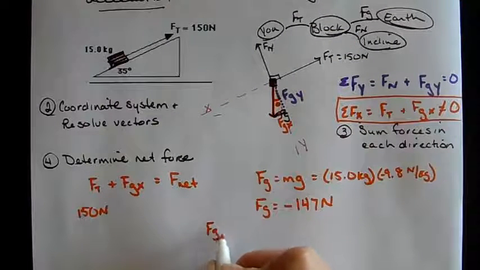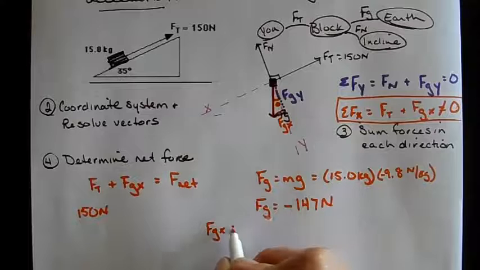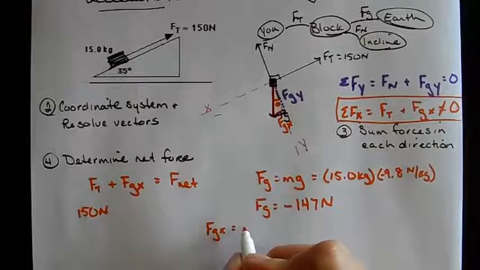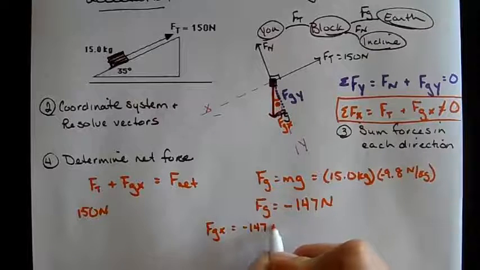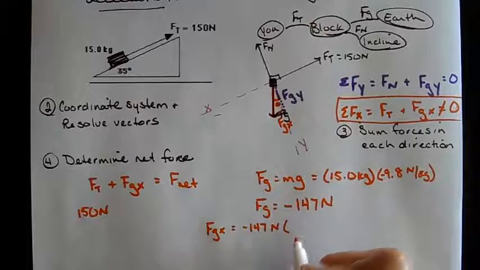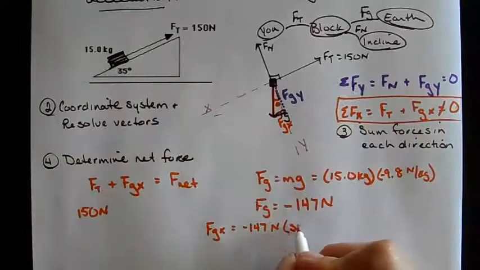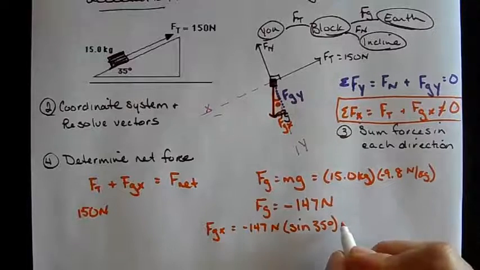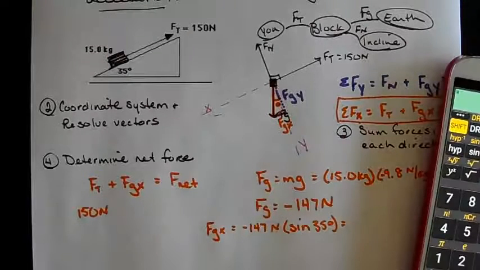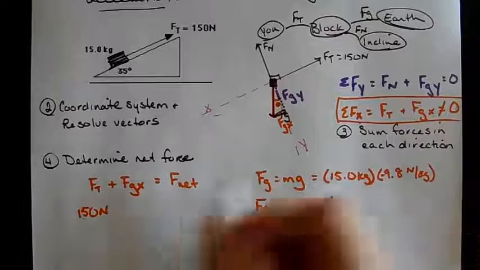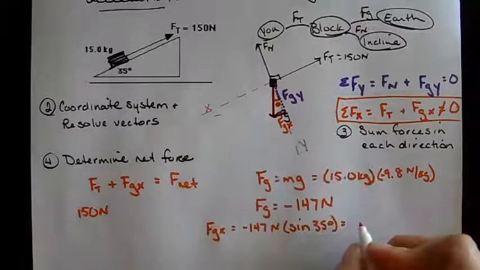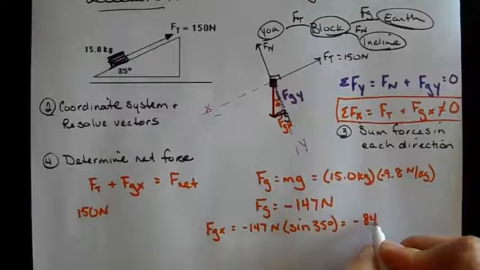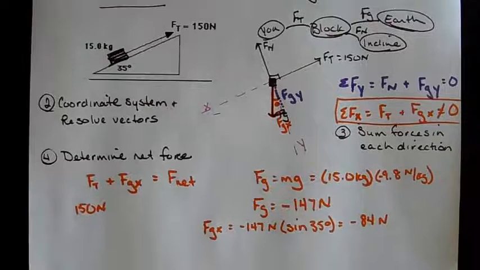So the x component of our force of gravity is going to be that negative 147 times the opposite, which is sine of 35 degrees. So that gives us the x component of our force of gravity is negative 84 newtons.